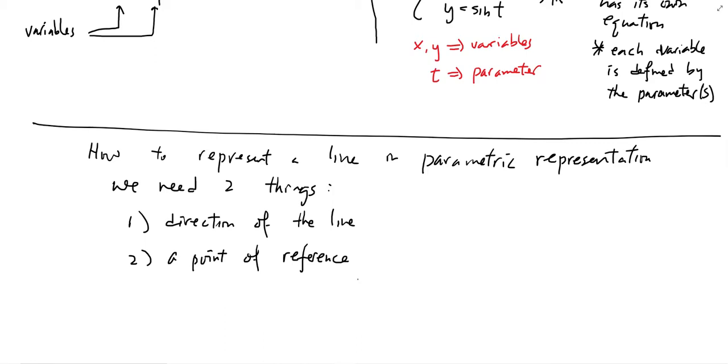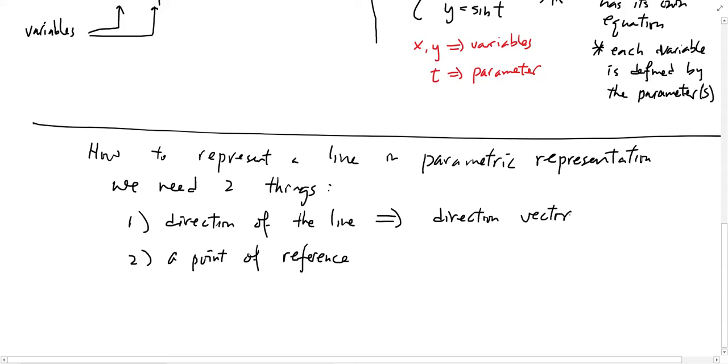So how are we going to describe a line parametrically in math using the system that we have developed? Well, I need to know how to represent the two things I need, the direction and a point of reference for a line. And actually pretty easy. For direction, we have what we call a direction vector that allows us to describe which direction we are going.